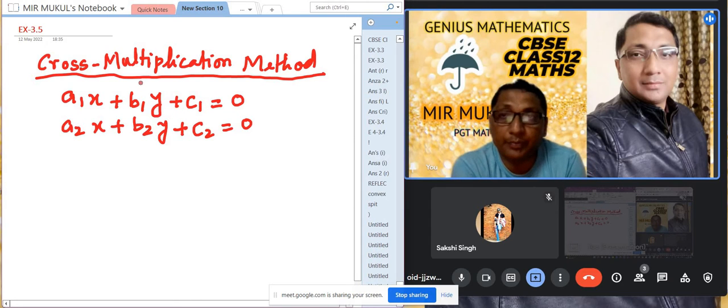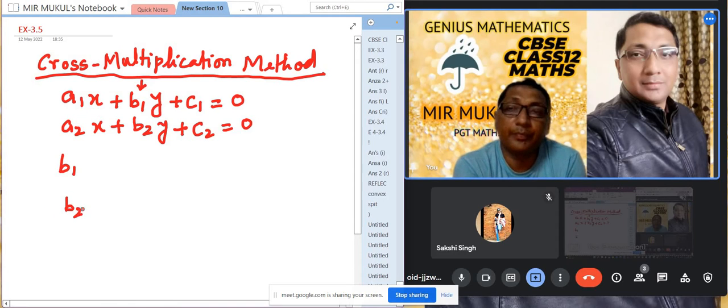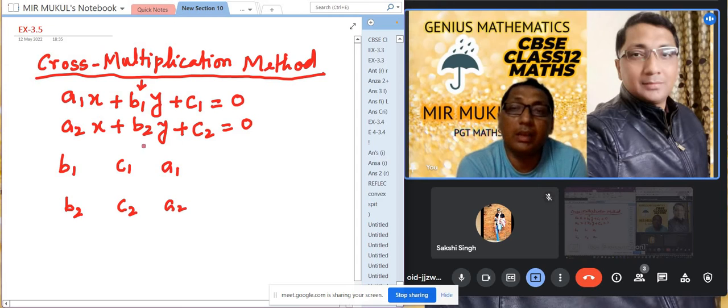After that you will start from the coefficient of y. So write b1 b2, next coefficient c1 c2, then again start from the beginning: a1 a2, and as we started from the coefficient of y, the last step will be b1 b2.